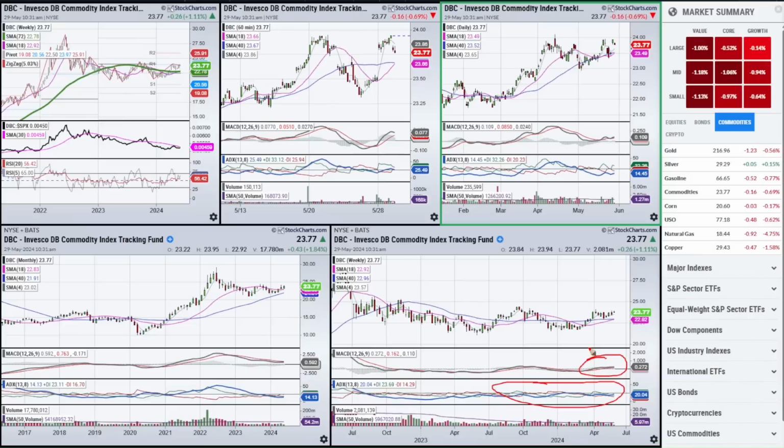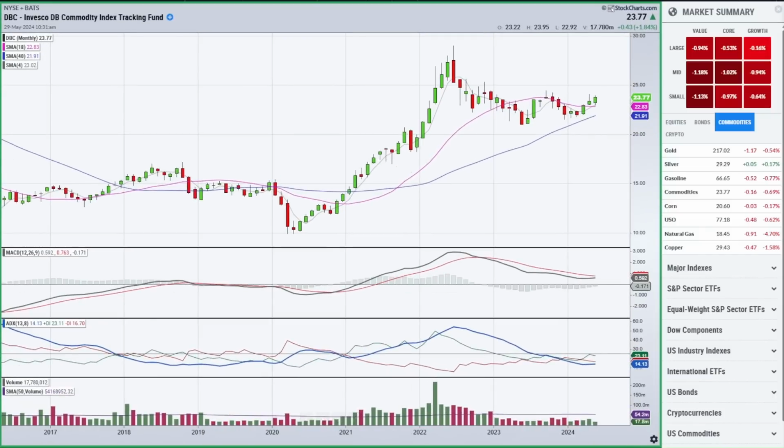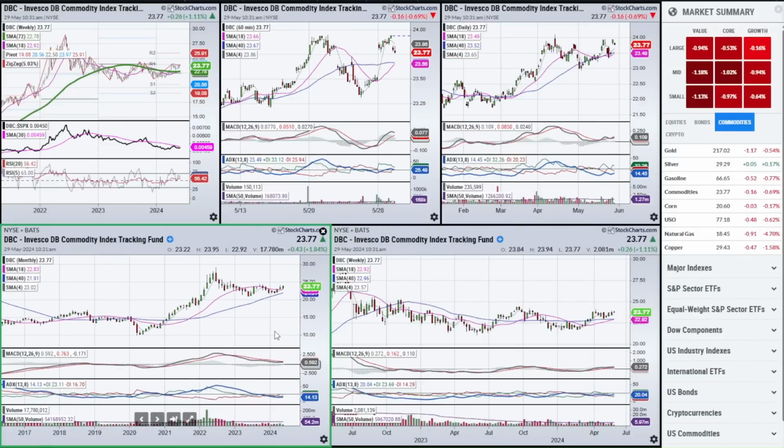We've got a low ADX condition in this position. I think if this can break out through 24, we'd probably have to respect it. Obviously, the bigger breakout area is a little bit higher, up around 2450. So just another one to be on the lookout for.